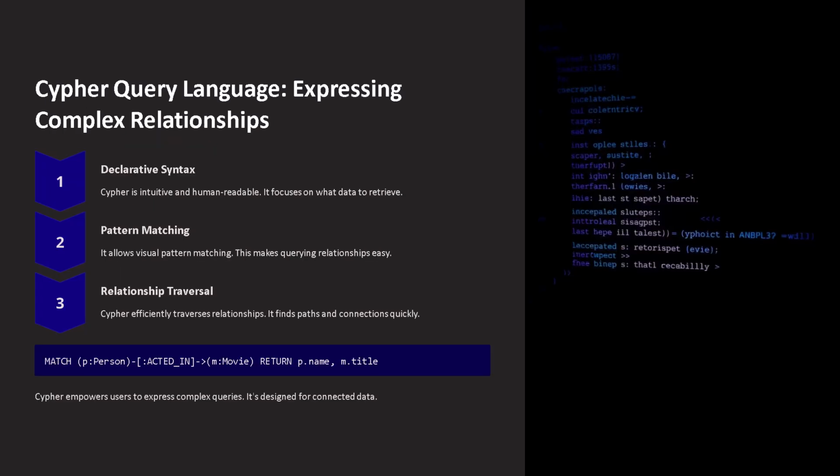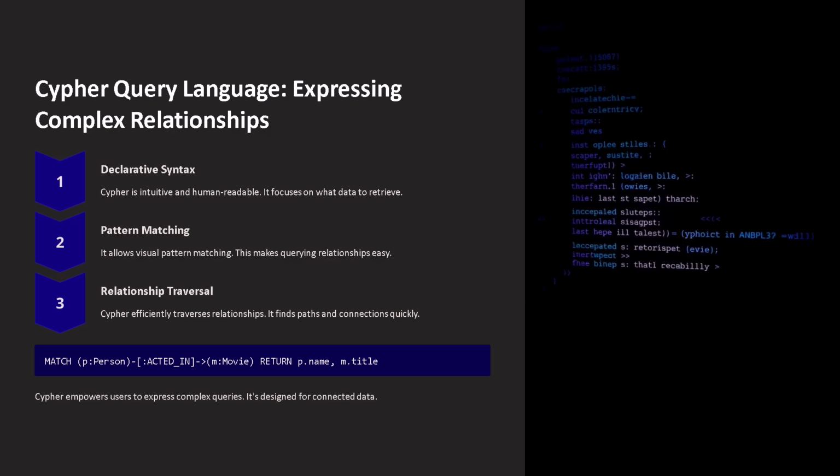Then, Cypher query language: expressing complex relationships. The Cypher query language is used for expressing complex relationships in a database. Declarative syntax: Cypher is intuitive and human readable. It focuses on what data to retrieve. Second one is pattern matching.